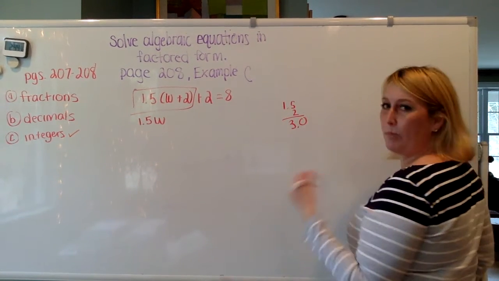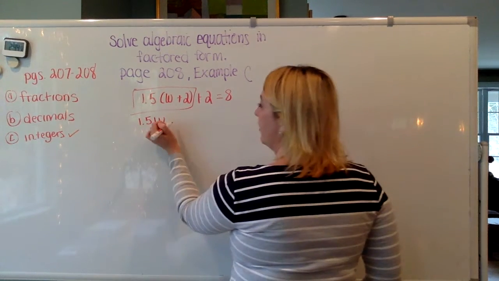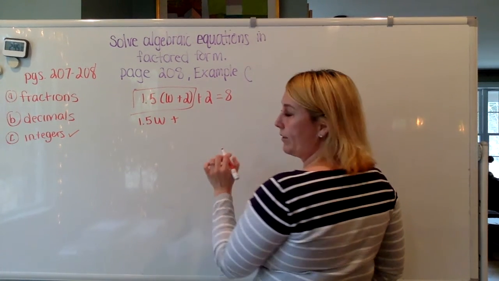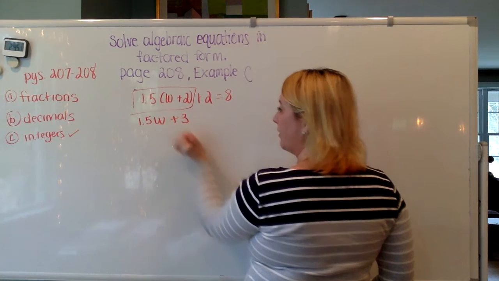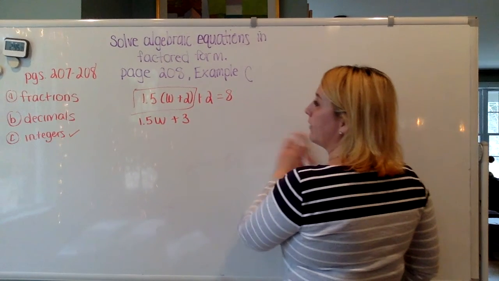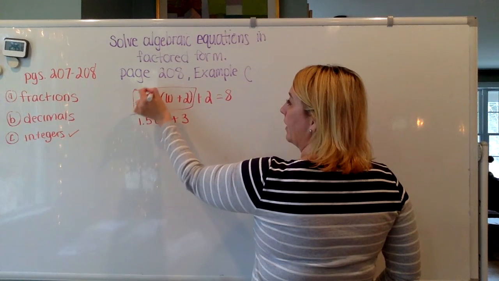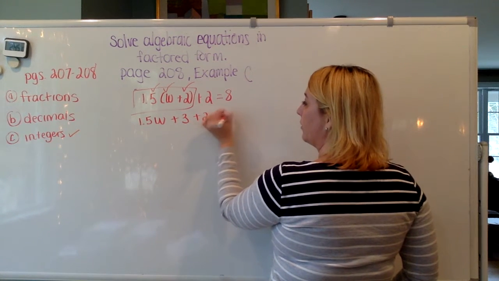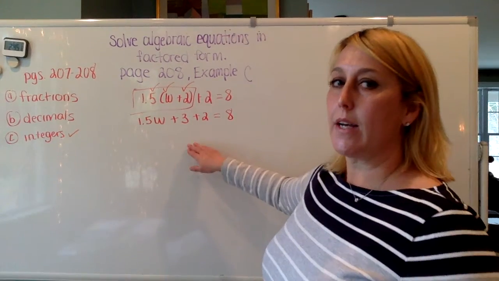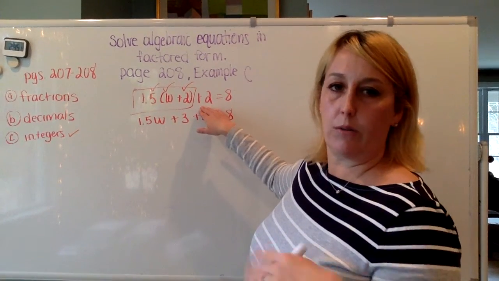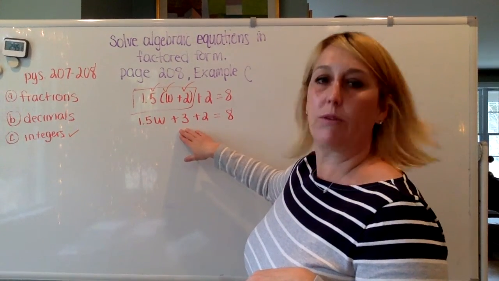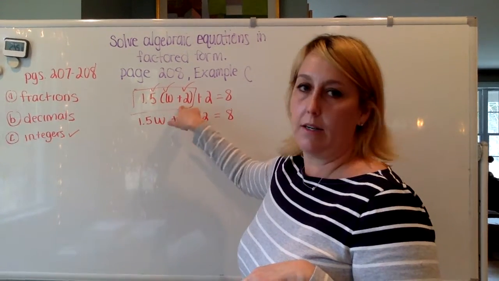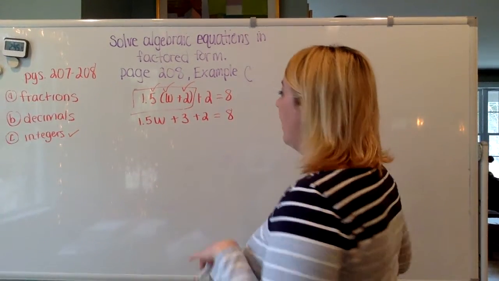But 1.5 plus 1.5 is what 1.5 times positive 2 is, and we know that that means it's positive 3. All right, so we've now expanded this part. I've got plus 2 equals 8. So do you see why it made sense to not even deal with the constant at that point? Because I knew I was going to have another constant that I needed to combine. So let's go ahead and combine that.